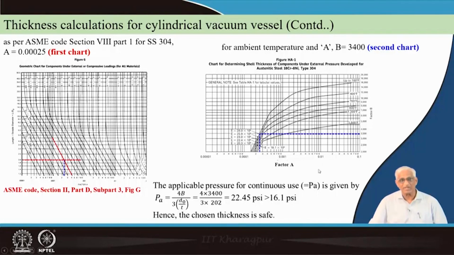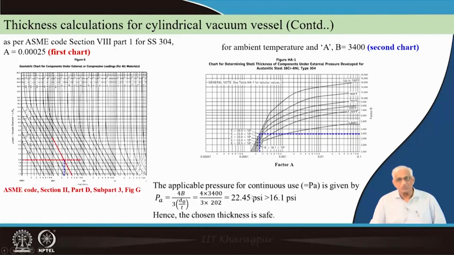Once you get B parameter, now it is a child's game. So, the allowed external pressure difference, or just only pressure, because anyway it is vacuum inside, pressure difference is same as absolute pressure. So, that is nothing but 4 times the parameter that we got B divided by 3 times the d naught by t, which we already know.